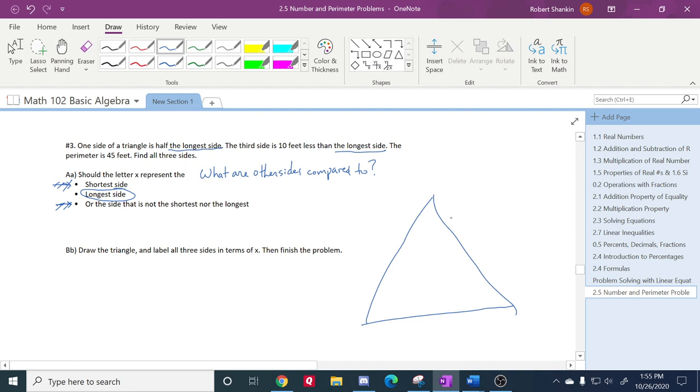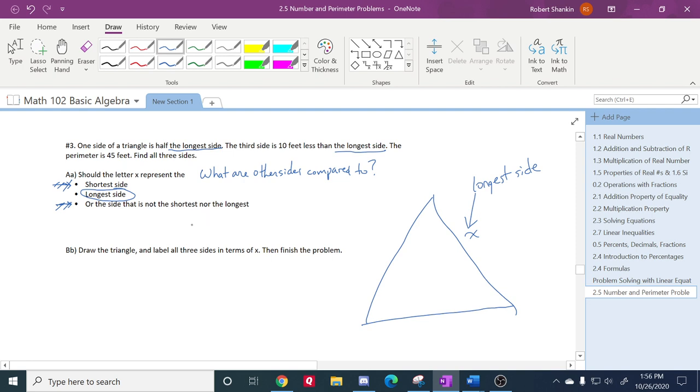You just pick one of them to say arbitrarily, this is going to be my longest side, and I'm going to call it X. We had decided that's going to be the longest side. Now, we're going to get the other sides from these two sentences. So the first sentence is going to tell us about one of the sides.